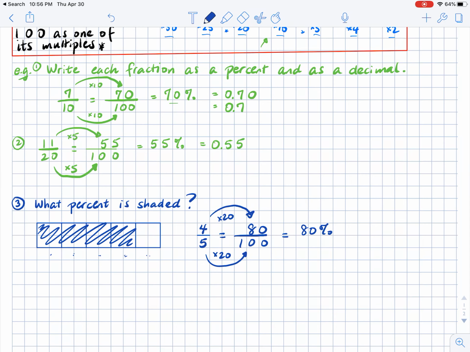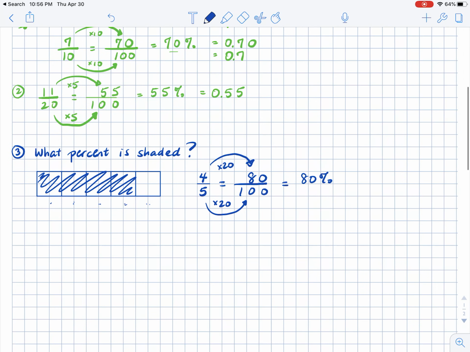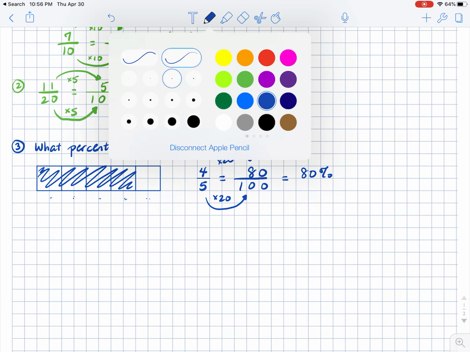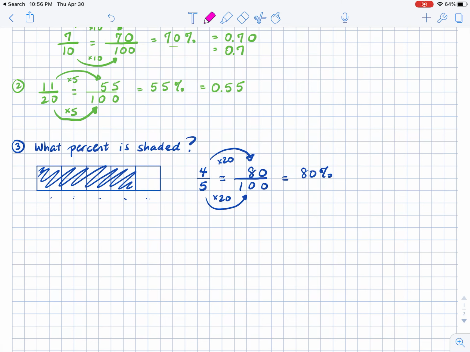Just thinking of more examples here. Okay, so another example that you could be given is this. I know I keep jumping colors here because it's a different kind of question. Let's go to this here.